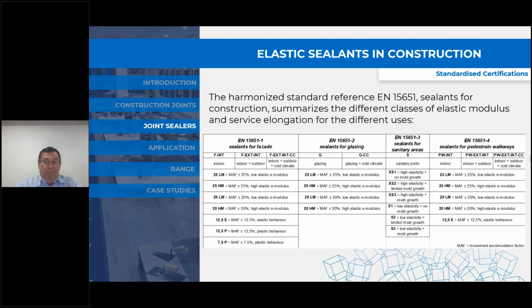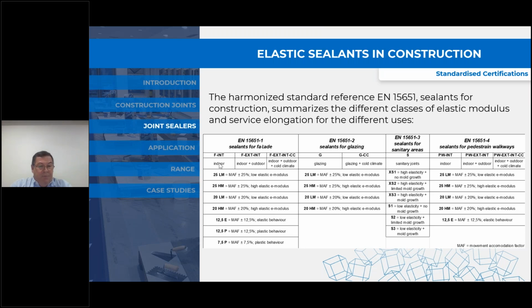And when I was talking earlier about low modulus and high modulus, in this graph here, you'll see there's sealants for facades, sealants for glazing, sealants for sanitary areas, and also sealants for pedestrian and walkways, so more trafficable type areas.